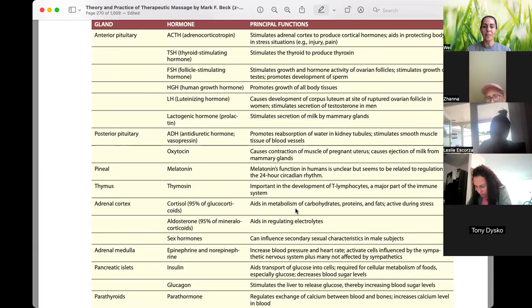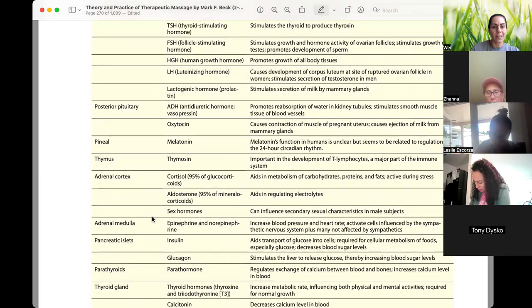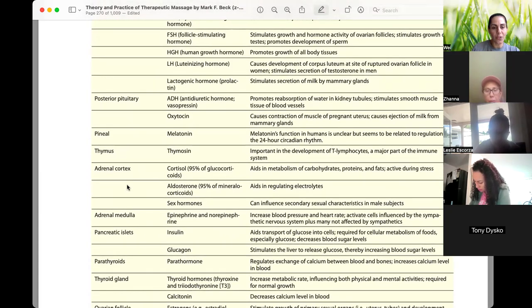So aids in metabolism of what? Carbohydrates. Oh, so one of the hormones. Okay, and this one too. So these two are going to be on the same flashcard if you like, because you have the adrenal cortex and the adrenal medulla, which is inside the adrenal cortex.